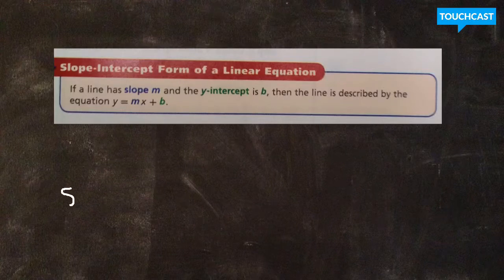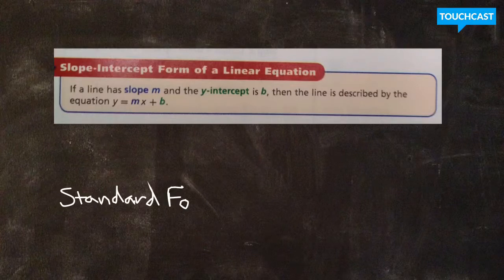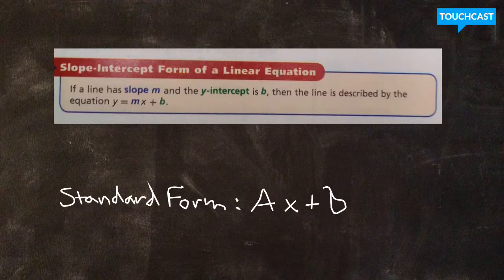Standard form is in the form ax + by = c. So we can put something in standard form into slope-intercept form by simply solving for y.